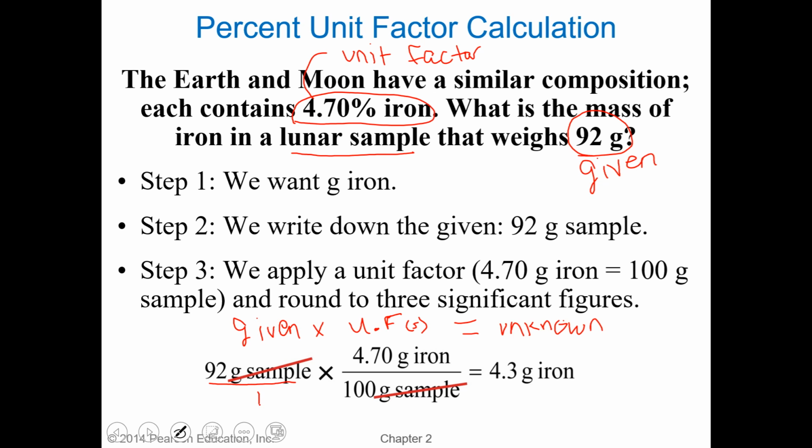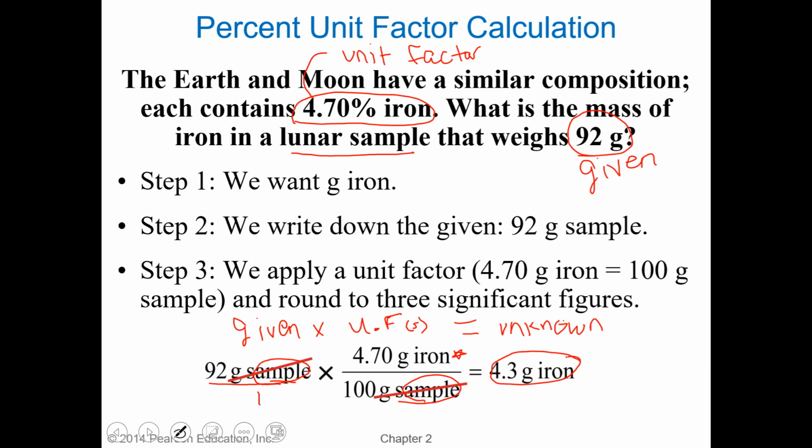We're going to have our sample, grams, that's our given. Our unit factor is going to be 4.70 grams per 100 grams. Note the units. We have a sample, so it's amount of iron per the entire sample. So we could say it's 4.3 grams of iron.